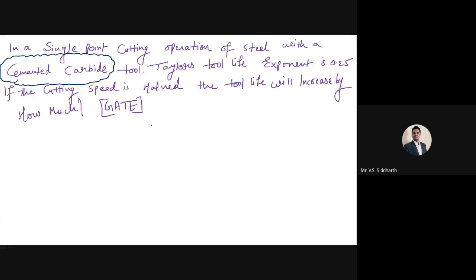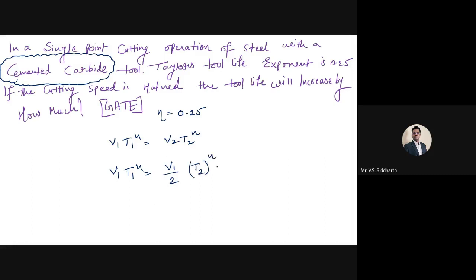Taylor's tool life exponent is 0.25. So n is equal to 0.25. The cutting speed is halved, and what will be the increase in tool life? So v1 t1 to the power of n equal to v2 t2 to the power of n. If the cutting speed is half, he is asking by what amount the tool life will increase.